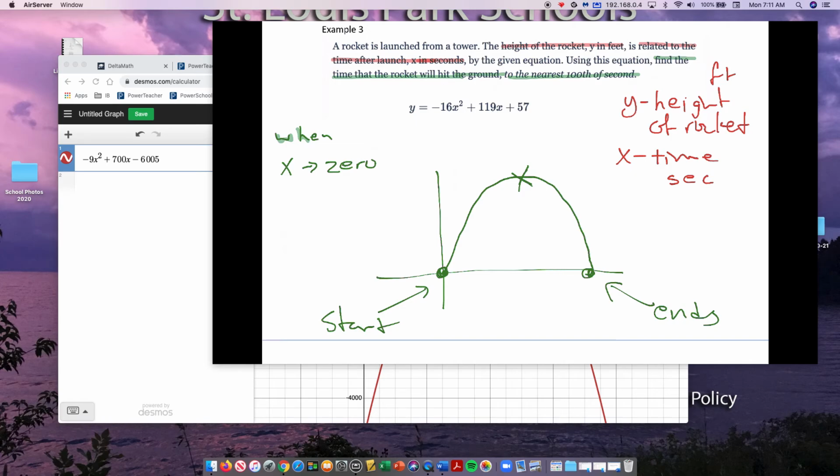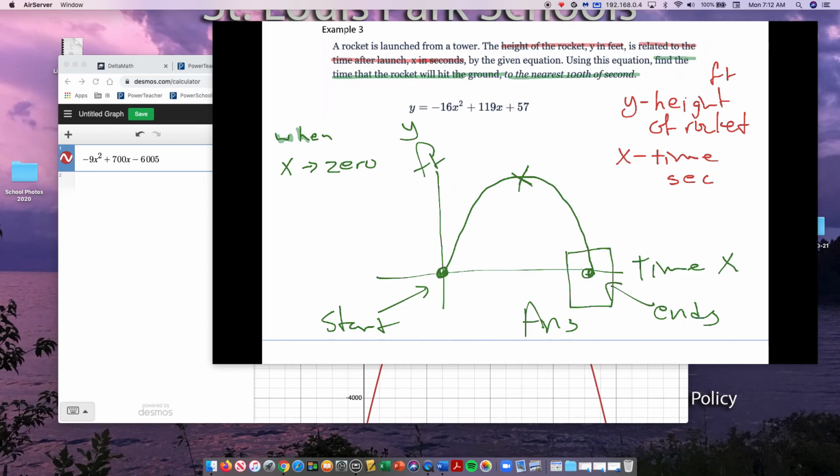Remember, time is over here, and feet is here because this is x, and this is y, and that's what our variables are. So if we want to know the time the rocket is going to hit the ground, that's our answer. That's the value we're trying to find.